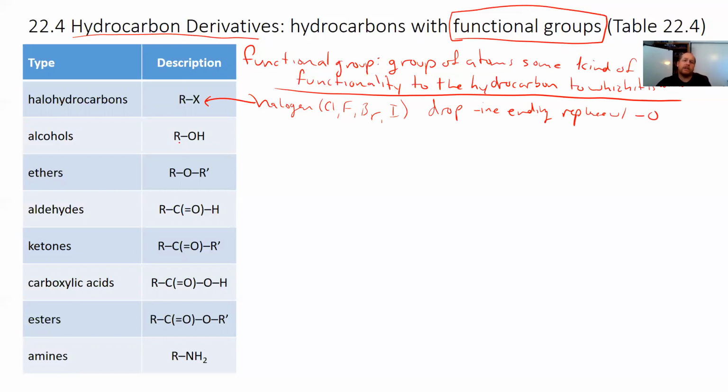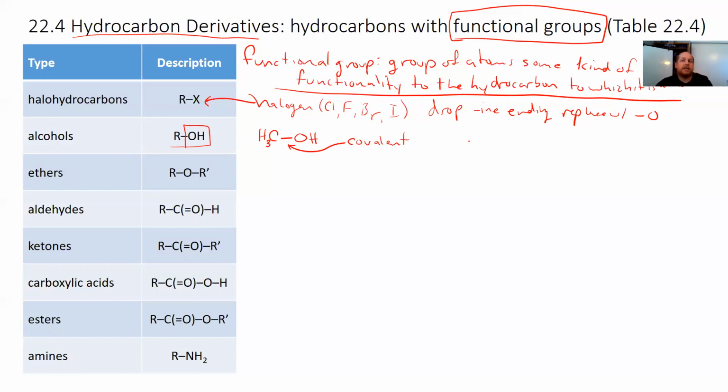Now with alcohols, we're going to get into the nomenclature later. With alcohols, the key is the OH. When we talk about alcohols, keep in mind, and this is something we talked about back in 101 because I tried to stress it quite a bit, if you have, say, methanol, CH3OH, that bond right there is a covalent bond.